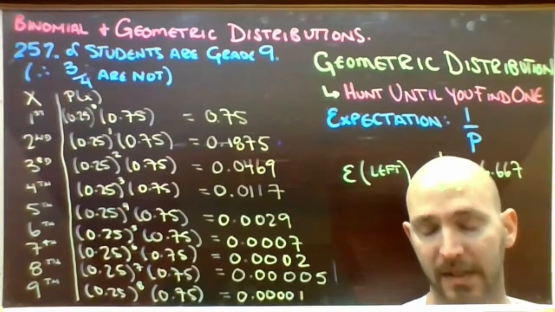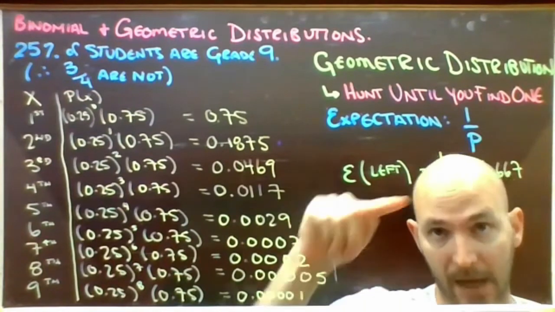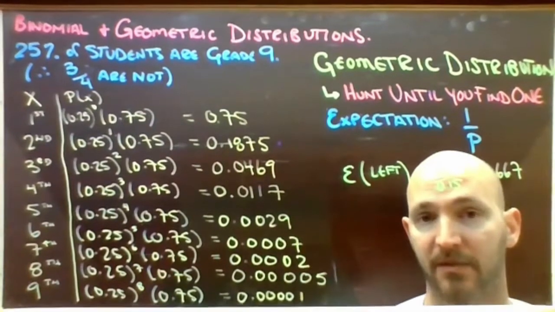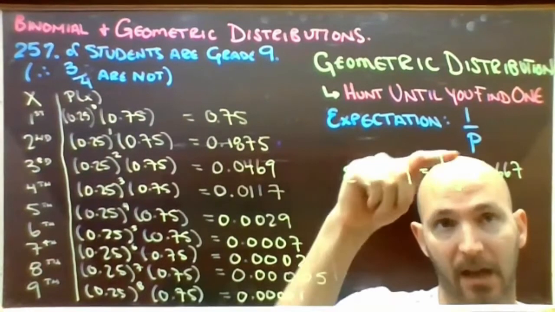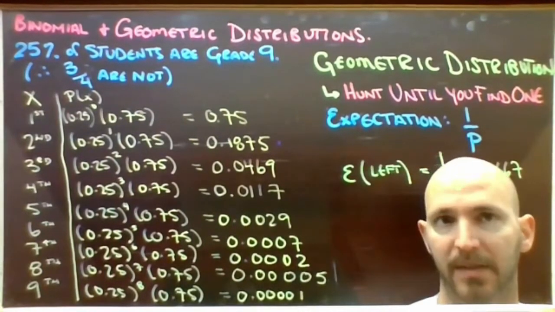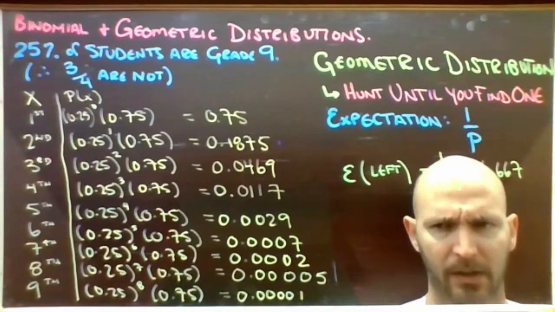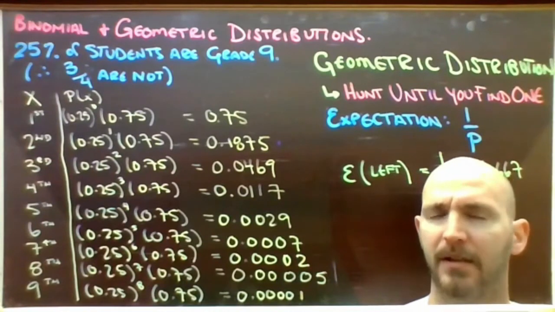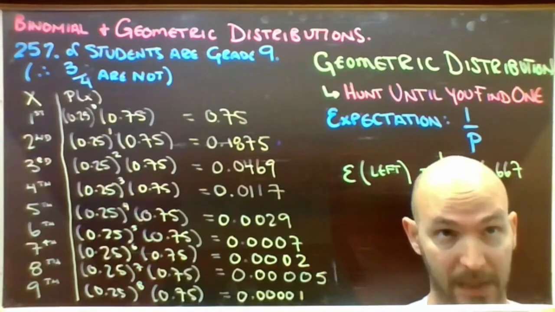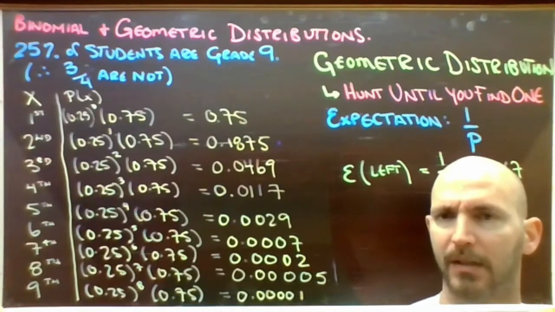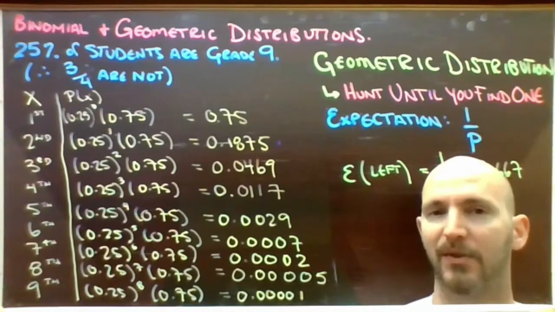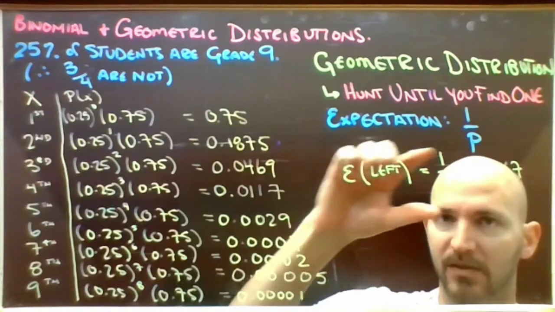So I would expect, at a 15% probability of a person being left-handed, that I wouldn't find one until the 6th person I asked. If it took me longer than that, something curious is going on, because I should have found a left-handed person by now. If it takes me less than that, something curious is going on, because I shouldn't have found a left-hander so quickly. That's sort of how this works.